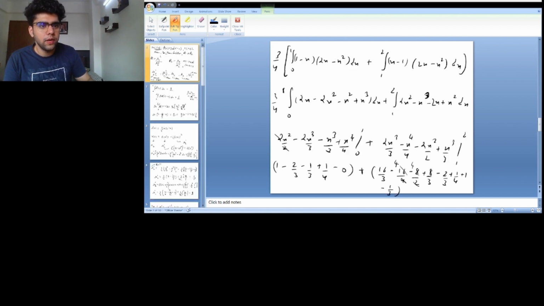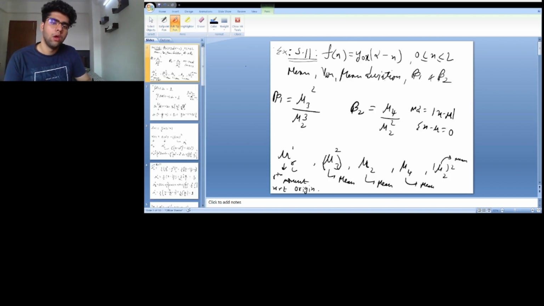I need to find beta 1. This is the formula: the third moment with respect to the mean, and the whole square of that.